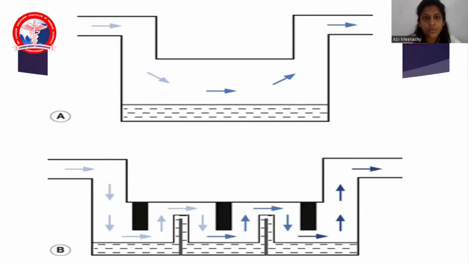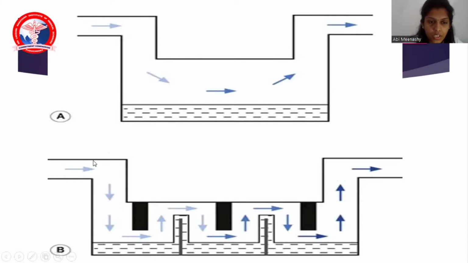So you see the gas is flowing like this. You have two types, A and B. In type A, the gas is simply coming like this, flowing through the liquid anesthetic agent, getting somewhat saturated and getting out like this. In B, there are some projections inside your vaporizing chamber.